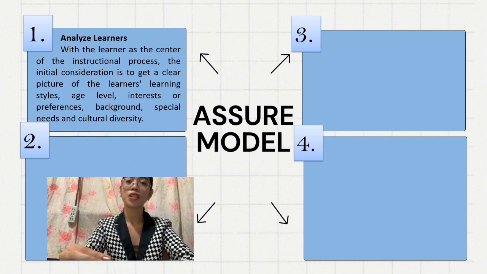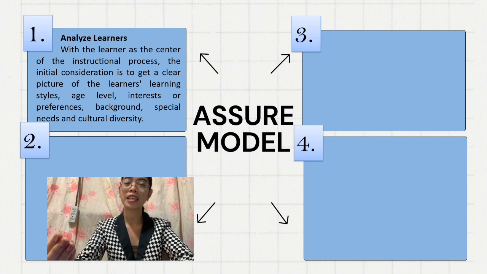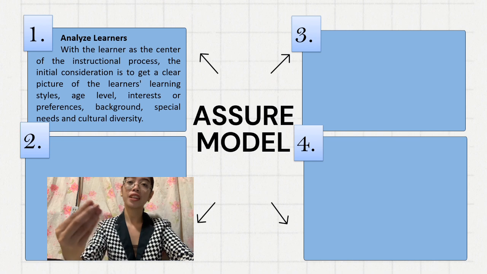So, before we start on our discussion as a teacher, we should know what are the differences, unsa ilahang mga differences sa atong mga estudyante, unsa ilahang pagkakaiba when it comes to ilahang learning styles, sa ilahang cultures, sa ilahang language para ang mabutang sa ato ang lesson plan or sa flow sa lesson is effective siya sa isa ka estudyante.